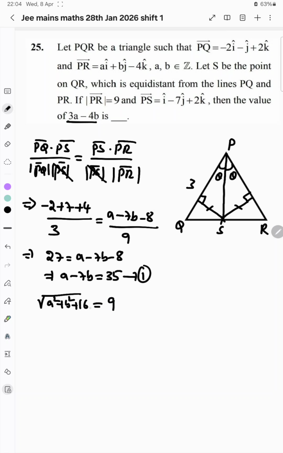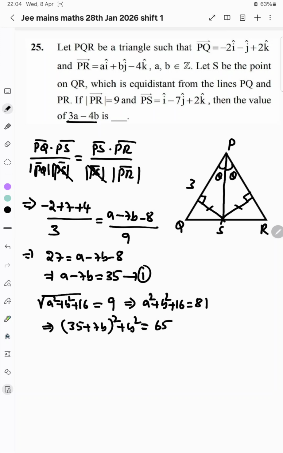Now if you square both sides, A square plus B square plus 16 is equal to 9 square, which is 81, right? Now we have to convert to a single variable, so we substitute A as 35 plus 7B. So 35 plus 7B whole square plus B square is equal to 81 minus 16, so we get 65.